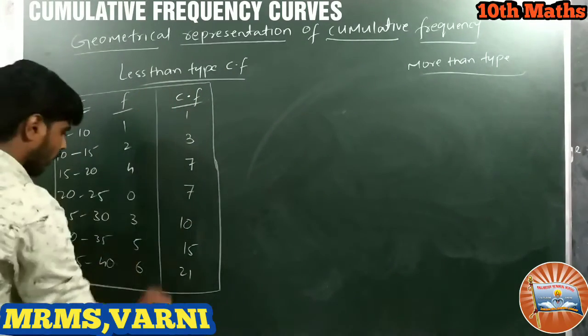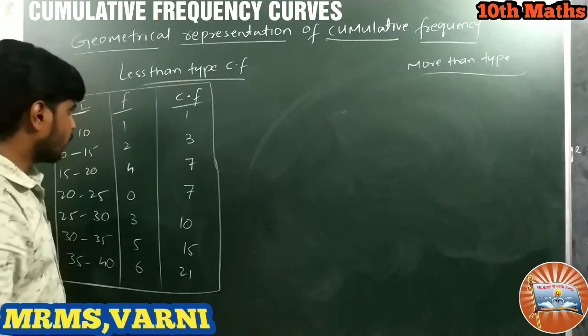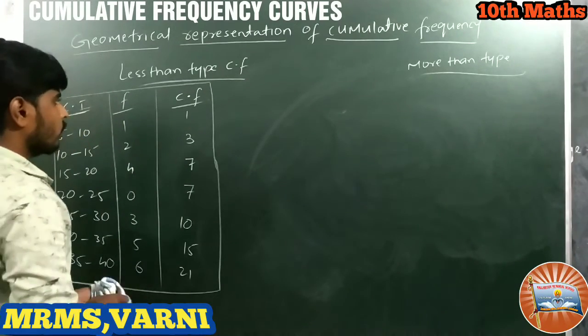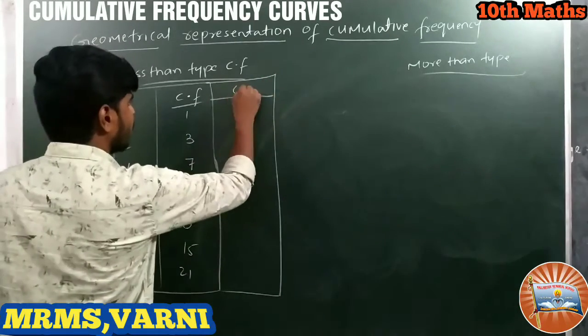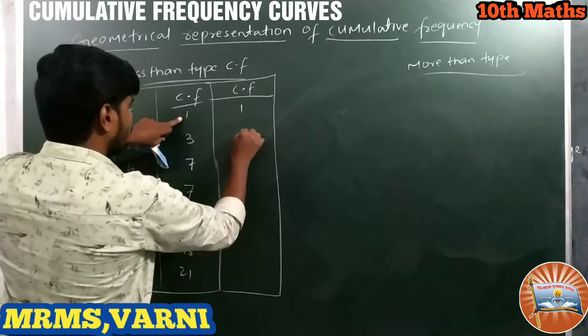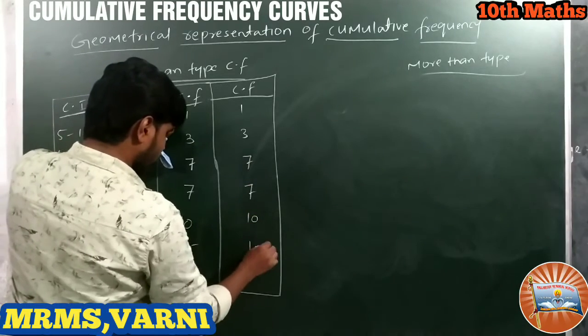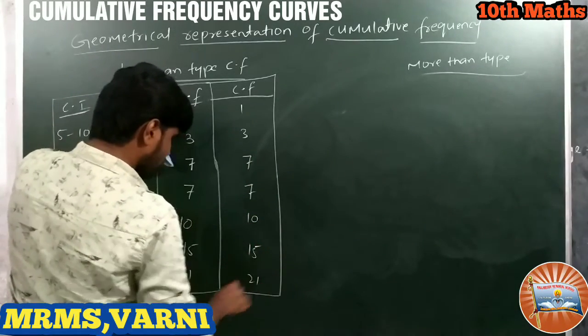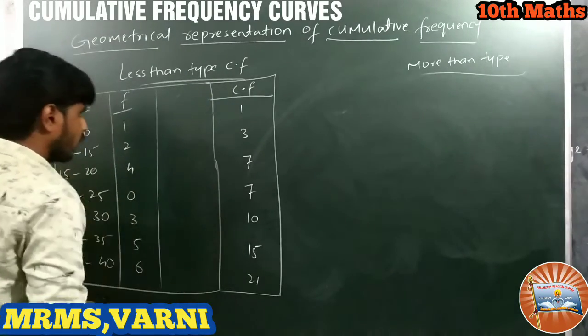Before that, actually I forgot to write here. Write down CF here once again: 1, 3, 7, 7, 10, 15 and 21.